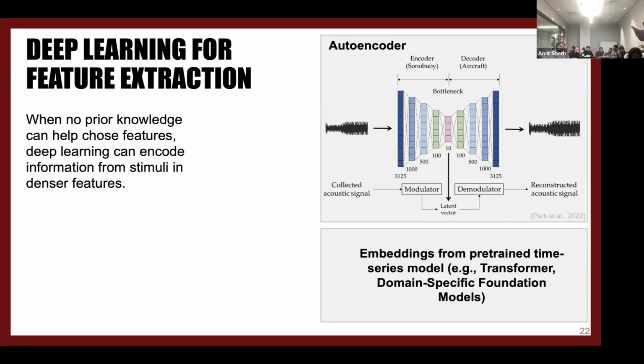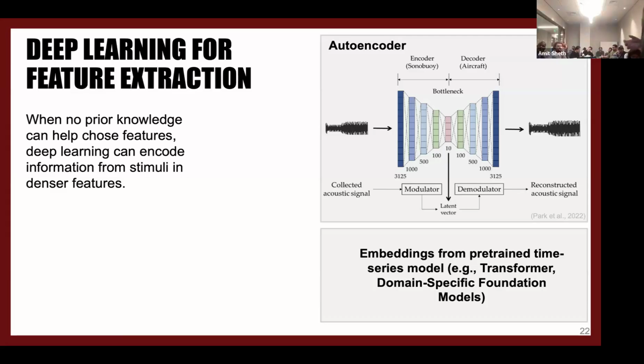With the bottleneck in the middle, and then you do the opposite operation, and you train that system so that it is able to reproduce the input signal, right? You always have the label of what you try to predict, because it's the same thing as the input, right? So there's no problem there. You have both the input and the output. You just have to use the computation to train that model.